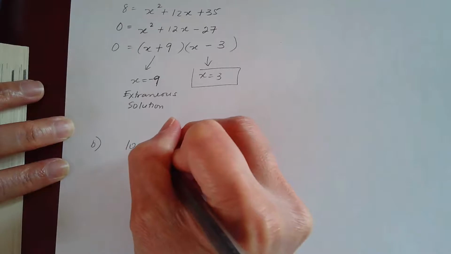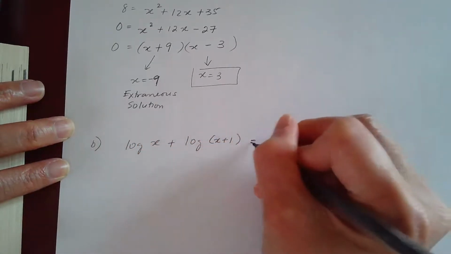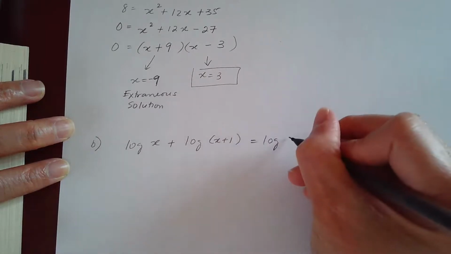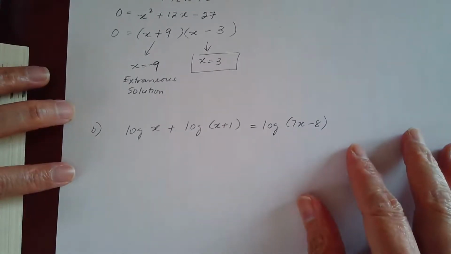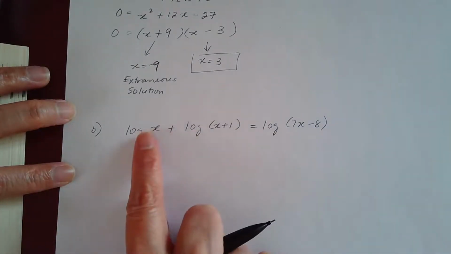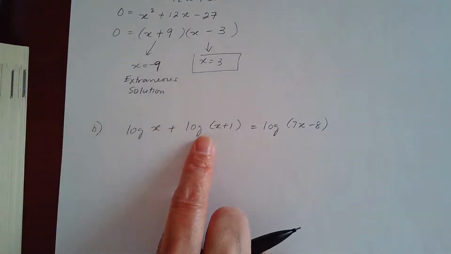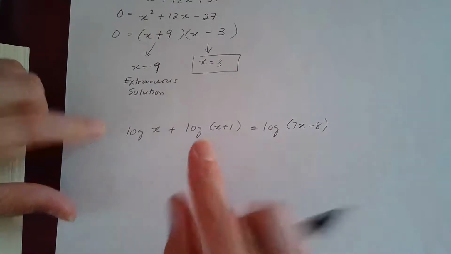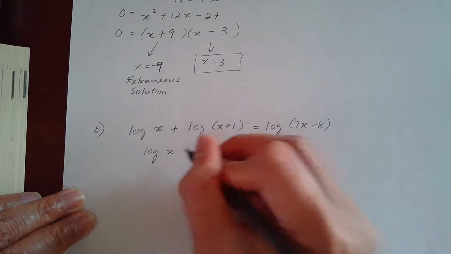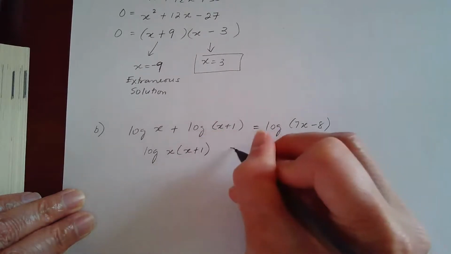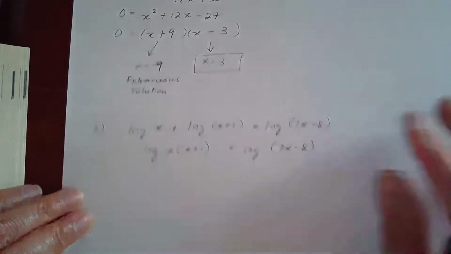Log of x plus log of x plus 1 equals log of 7x minus 8. Okay, well these two, because this is the sum of the logarithms, log of x plus log of x plus 1, we can combine it as a single logarithm. So that becomes log of x times x plus 1 equals log of 7x minus 8.